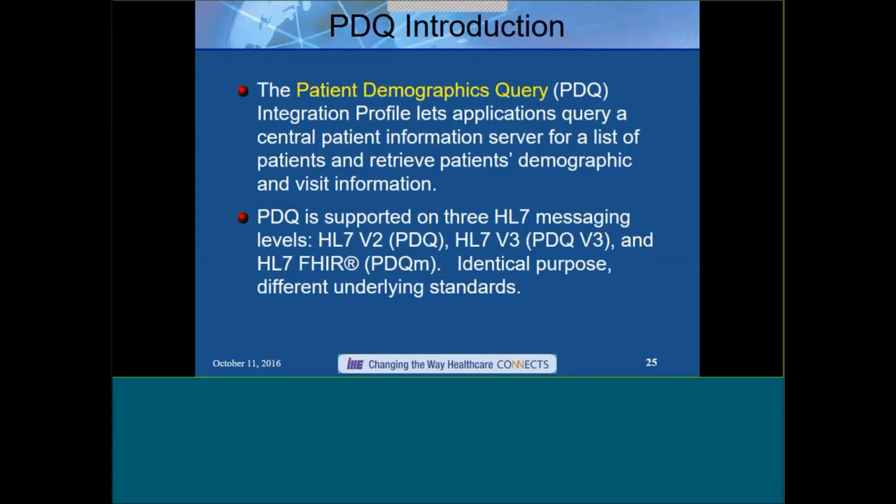Just like with PIX, there are three versions of PDQ. There's the original PDQ based on HL7 version 2, then PDQ V3, based on HL7 V3, and then a new version based on FHIR called PDQ-M or PDQ Mobile. I believe that is a draft standard right now. I'd have to look on the website to find out, but it is out there. And that one will also be tested at the North American Connectathon.